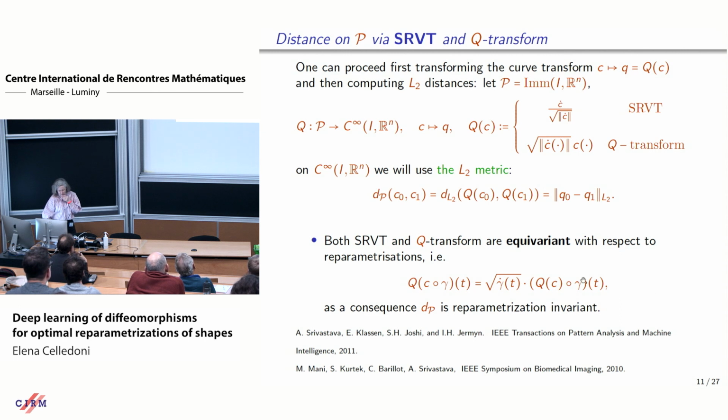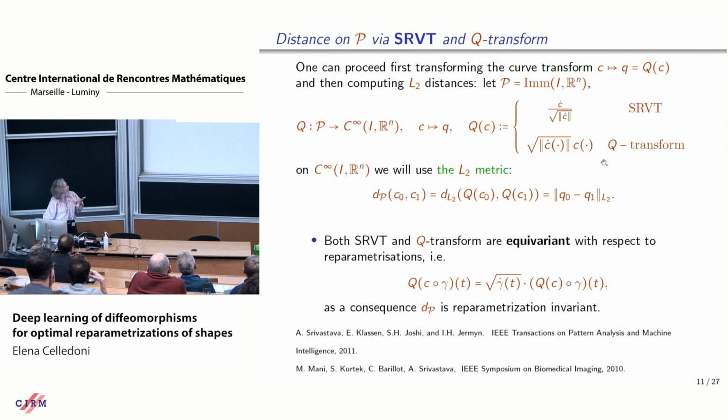And this can be done with two transformations. For example, for the curves, you can do it with something called the square root velocity map, which is simply: take the curve, take the derivative with respect to the parameter, and scale it with this norm.